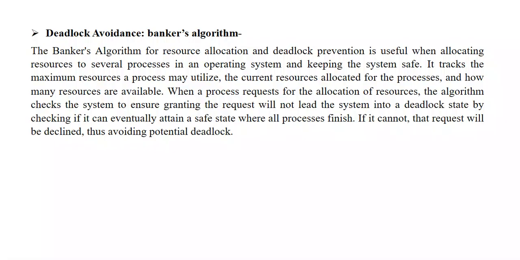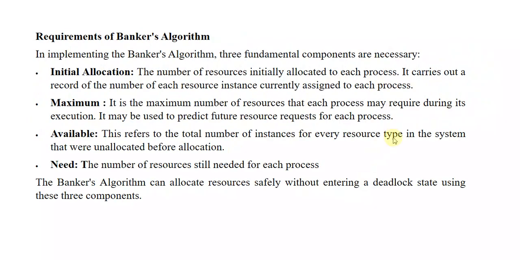Now let us understand some important terms used in Banker's algorithm. These are the requirements of the Banker's algorithm. There are four very important concepts: allocation, maximum, available and need. Let me discuss them one by one. The first one is the initial allocation.